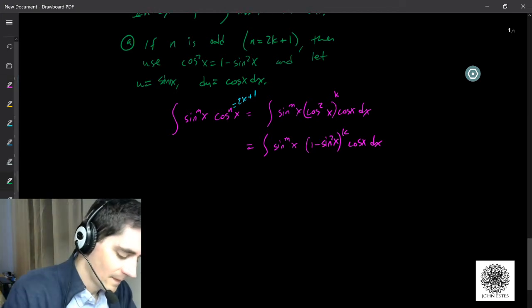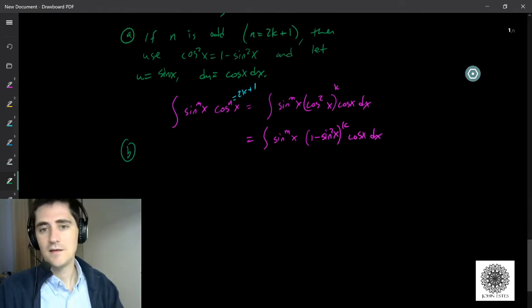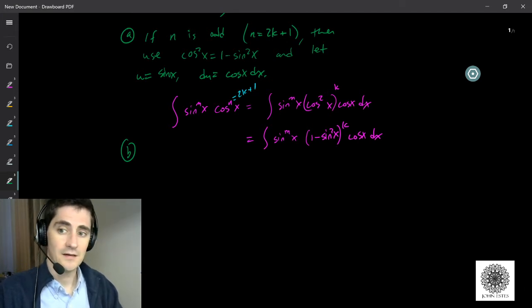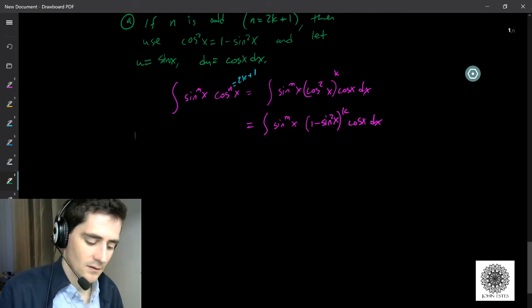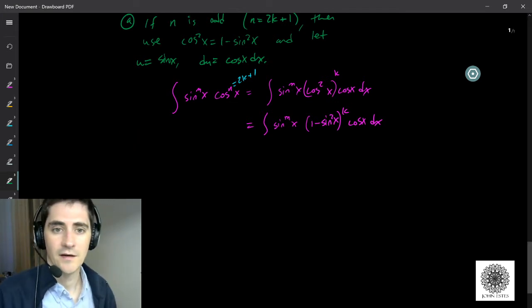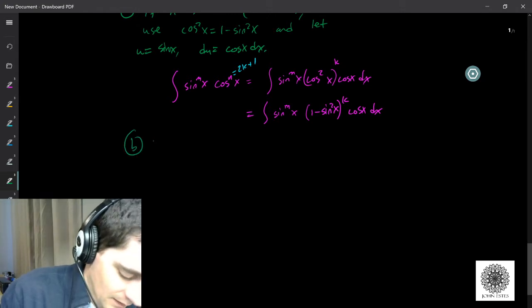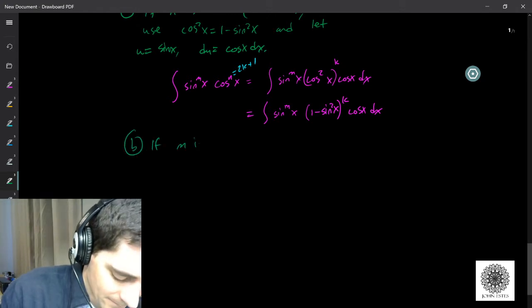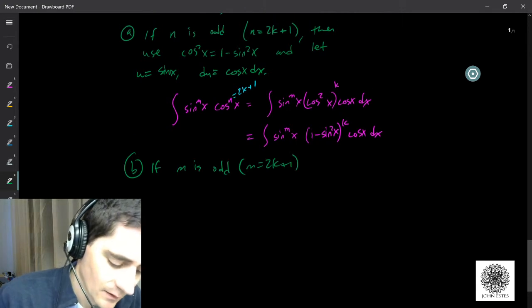Now let's suppose n is even. So if n is even but m is odd, then we can do the same thing, except instead of replacing cosine, we can replace sine, and we can use our u substitution to be cosine x. So if m is odd, and here again that means 2k plus 1 for m, we're just going to follow the previous statement.